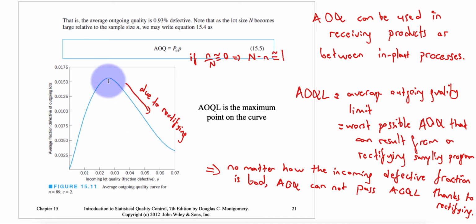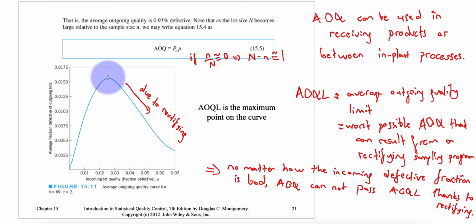Why? Because after this point we will have lots of bad lots, and because of these bad lots we will reject them most of the time. Then when we rectify and correct these lots, and replace the bad units with good units, we will reduce the number of defectives in the outgoing flow, right?